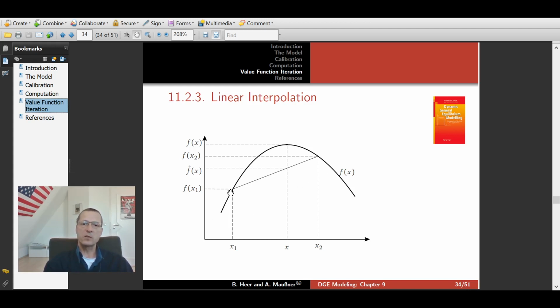So we have f of x1 and f of x2 tabulated, and we compute f of x by using linear interpolation. Of course, we are not exact, and this is a source of inaccuracy in this model, that we need to use linear interpolation. We cannot store our optimal policy functions at all grid points.